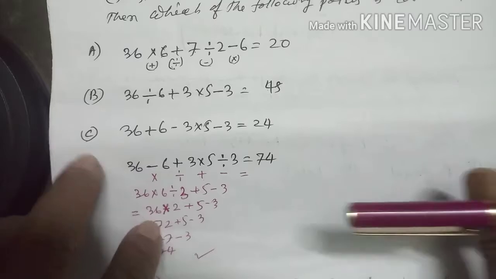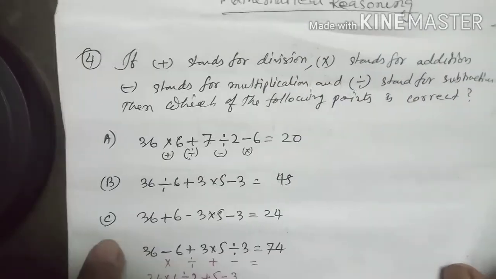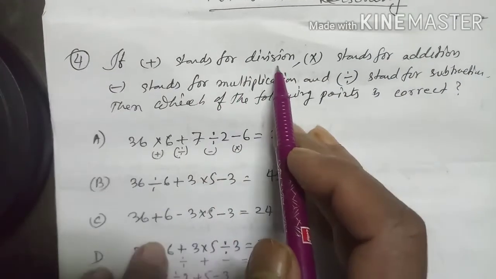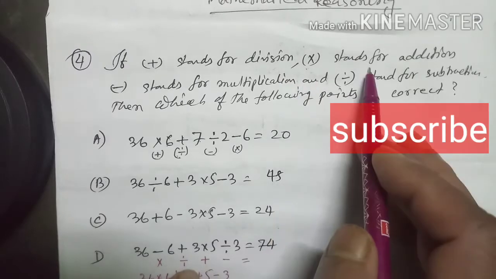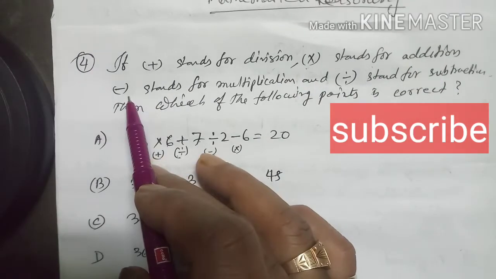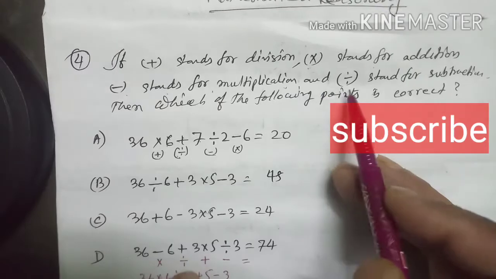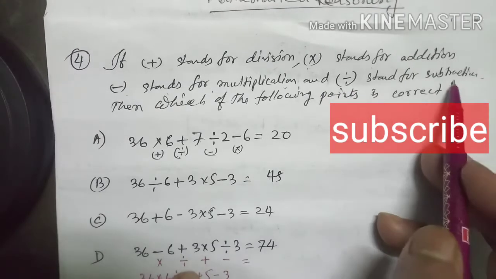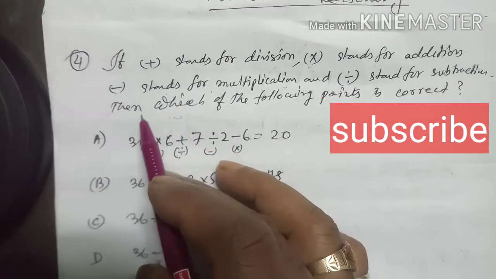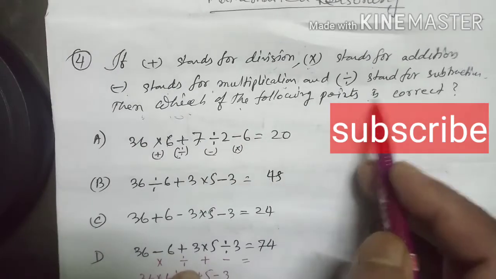Now question number 4. If this sign stands for division, this sign stands for addition, this sign stands for multiplication, and this sign stands for subtraction, which of the following is correct?